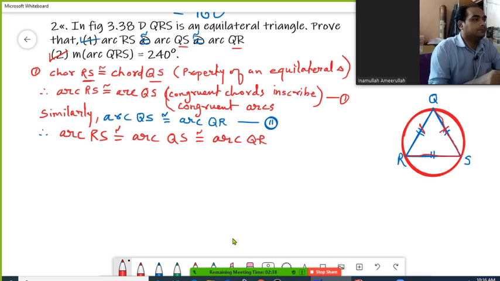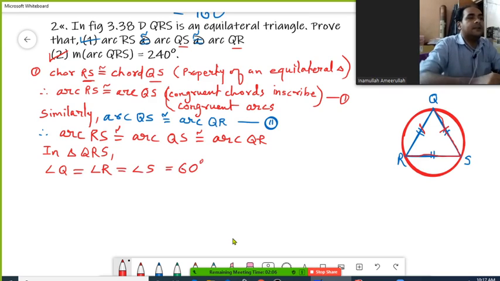Now, in triangle QRS, can I say angle Q is equal to angle R is equal to angle S, and all three angles are of 60 degree.